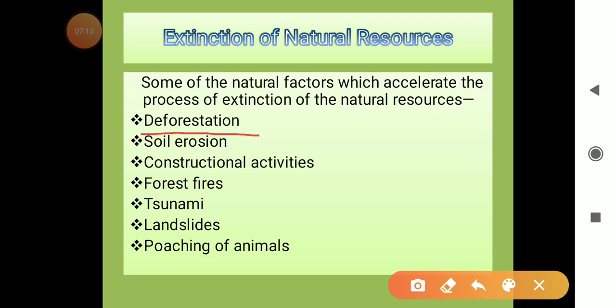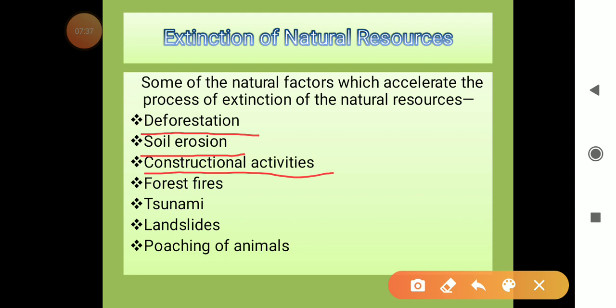So, deforestation means cutting down of trees. Next point is soil erosion. And the third point is constructional activities, like construction for either residential or commercial purpose.